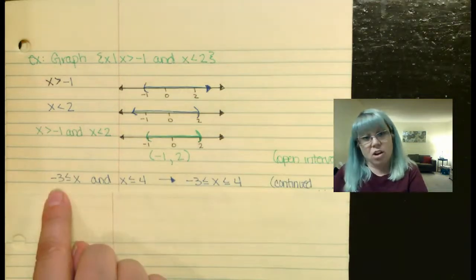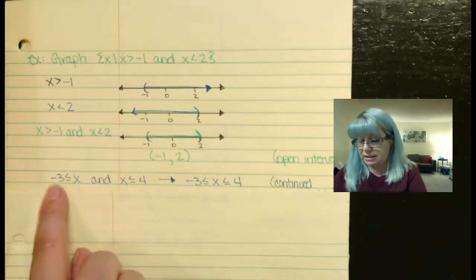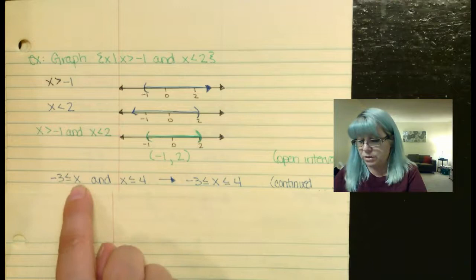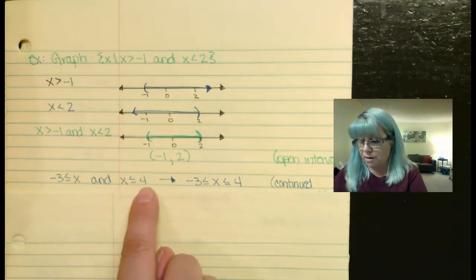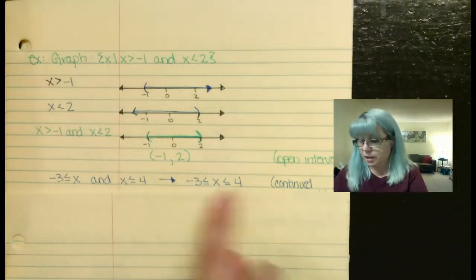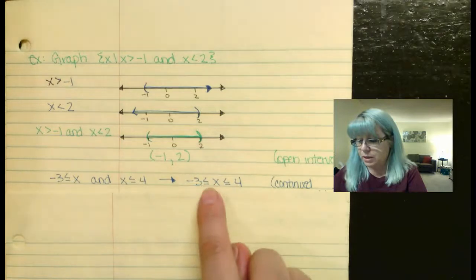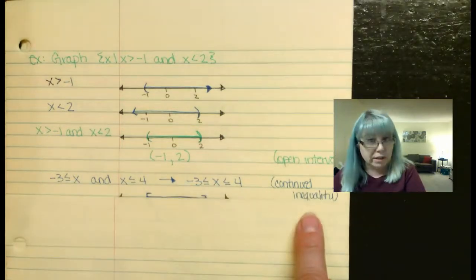Now, we can also write something similar to this, like -3 is less than or equal to x, and x is less than or equal to 4. We can write this squished together. -3 is less than or equal to x is less than or equal to 4. This is called continued inequality.